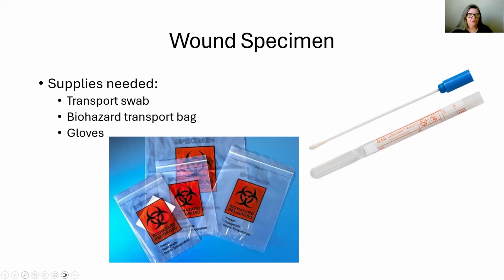And again, we're going to use our transport swabs. Now, some wound transport swabs come in the same type, but have 2 of the swabs sticking out of it. That is perfectly fine. This is kind of just a basic generic one. And then, of course, your transport bag and your gloves.